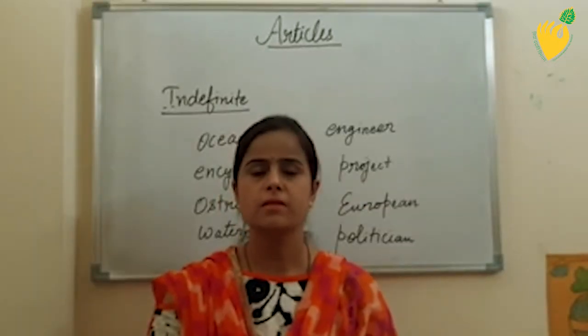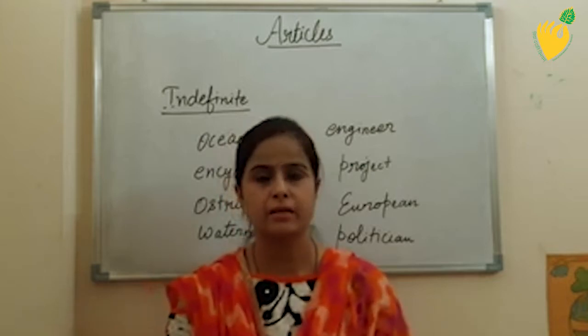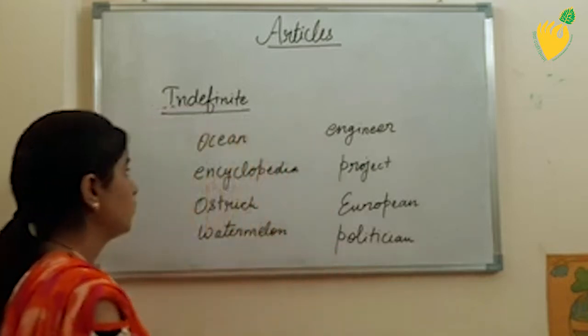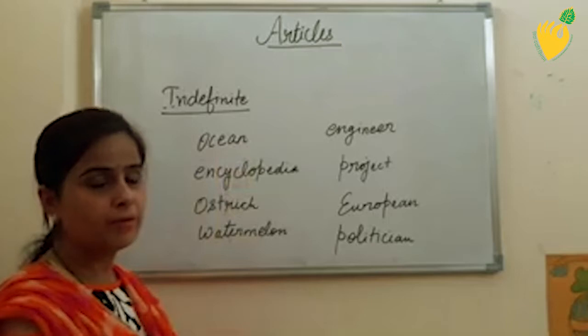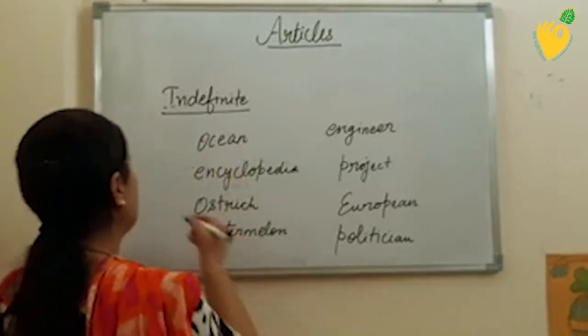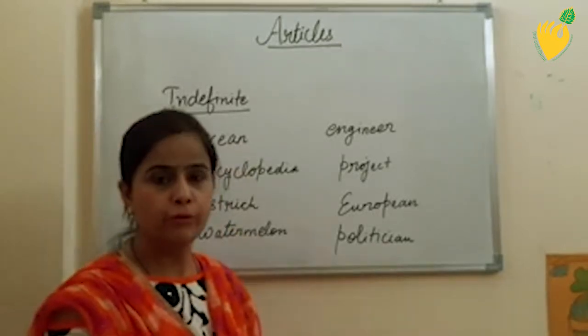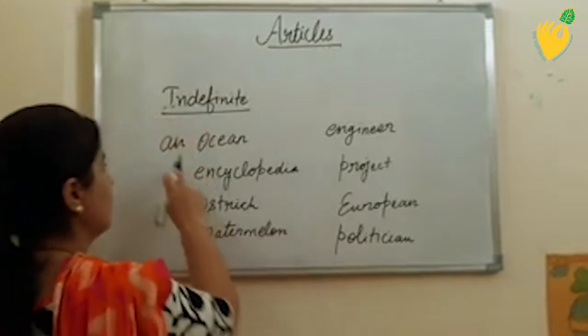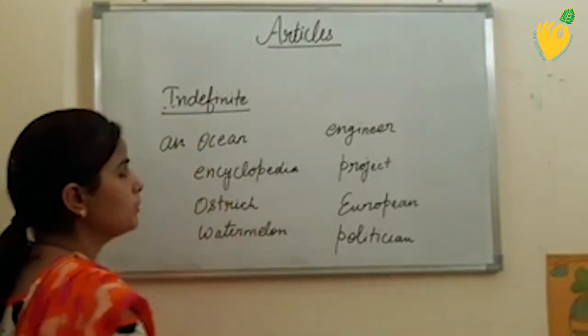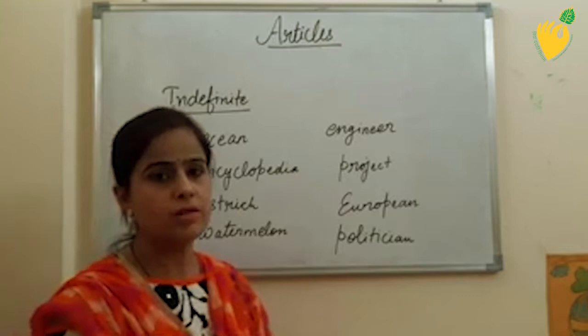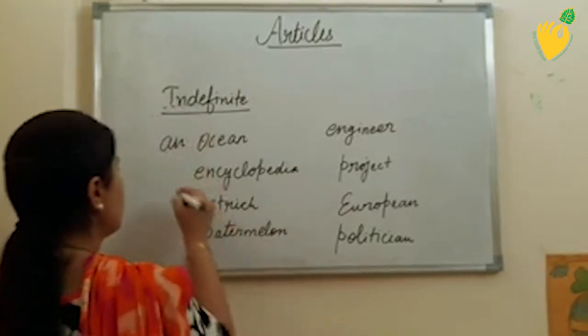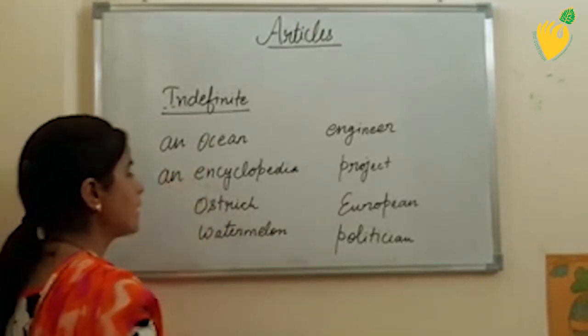Now let's discuss a few more examples of indefinite articles. Ocean starts with the vowel sound O. So before ocean we will use an. Encyclopedia is also starting with the vowel sound E. So an encyclopedia.